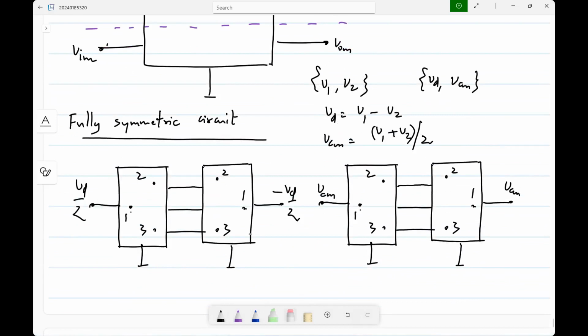So now let's say we take this case where we have a fully symmetric circuit with symmetric excitation, that is common mode excitation. What simplification can you think of here? I mean, the two circuits are the same. The input applied to the two sides is the same. So what do you expect in the solution, the circuit solution?